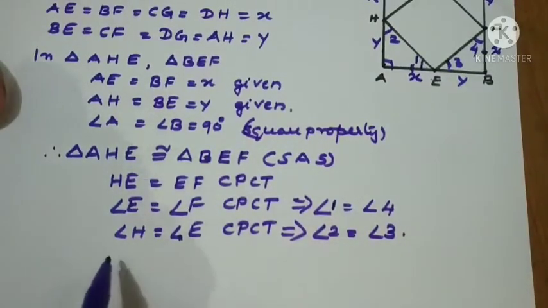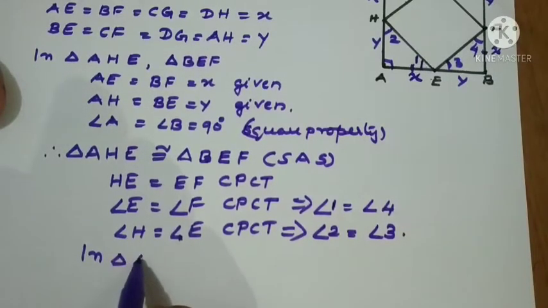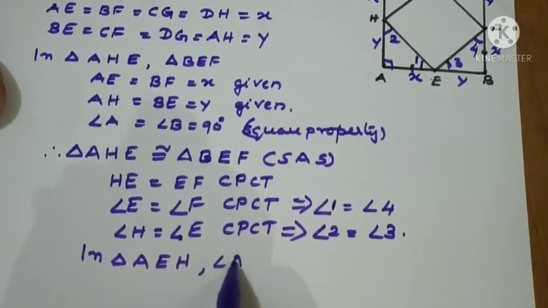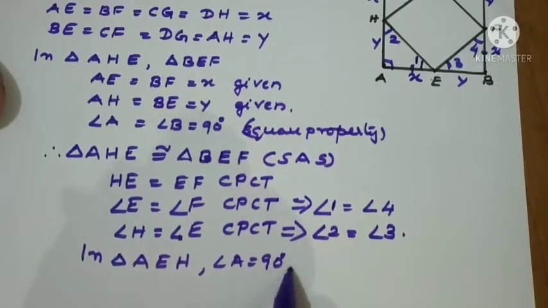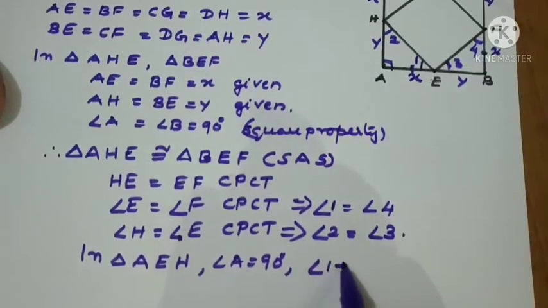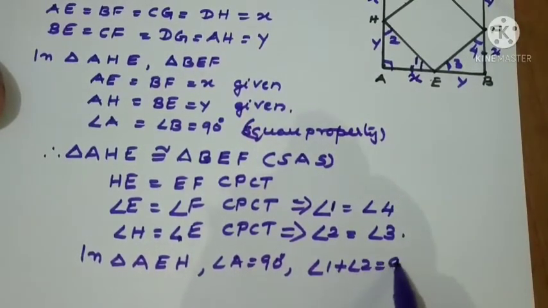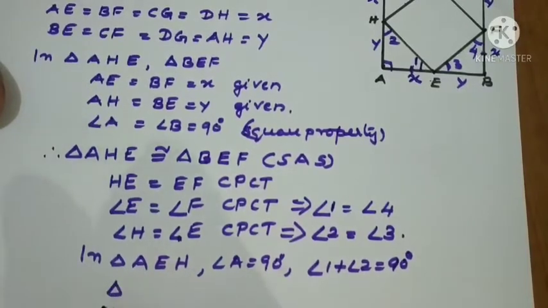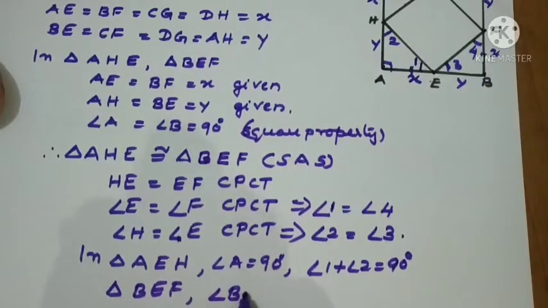Now what we can say about triangle AEH, angle A equal to 90 degrees. Therefore, what is angle 1 plus angle 2? That is equal to 90 degrees only. Similarly, triangle BEF, angle B equal to 90 degrees.